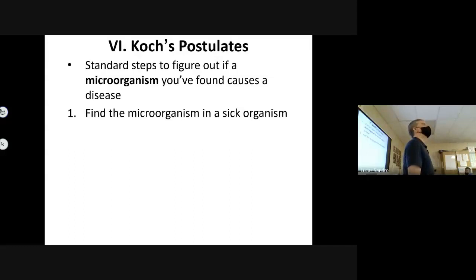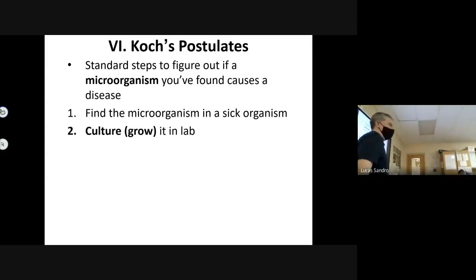How do you get more? Bacteria are great that way. If you just put them in a dish with the stuff they like, they will make more for you. So you culture it in a lab, and then you've got enough to try and infect the healthy monkey.